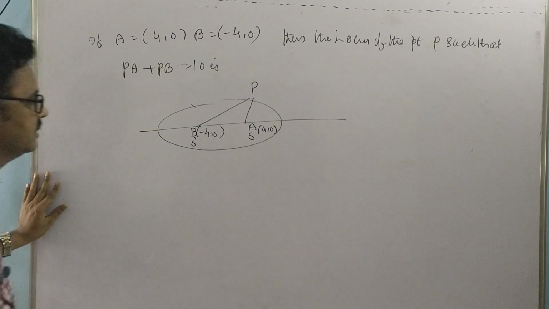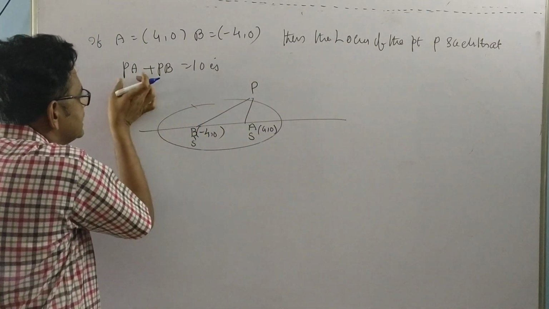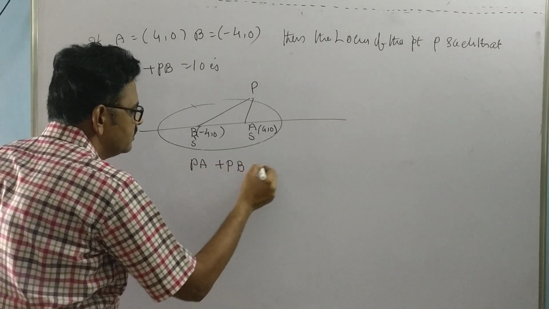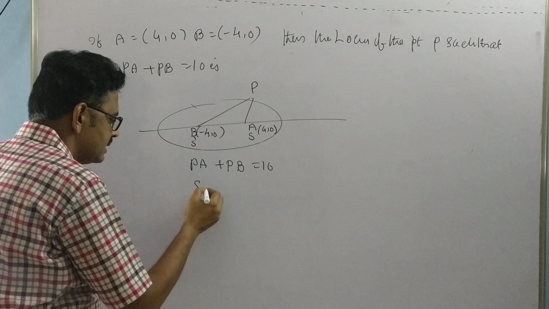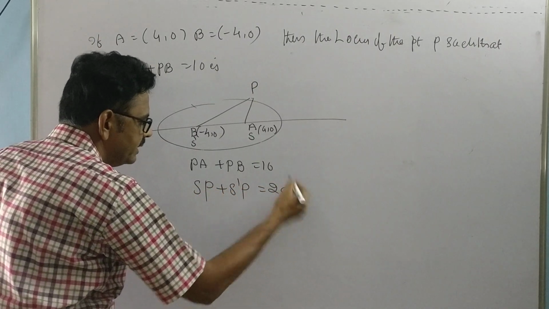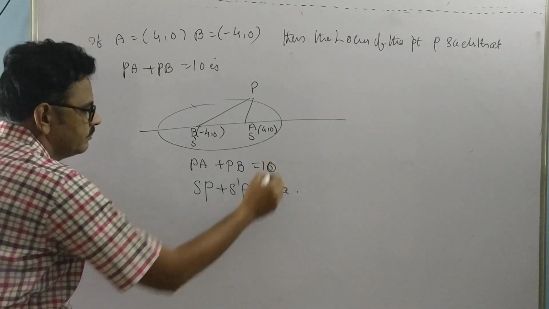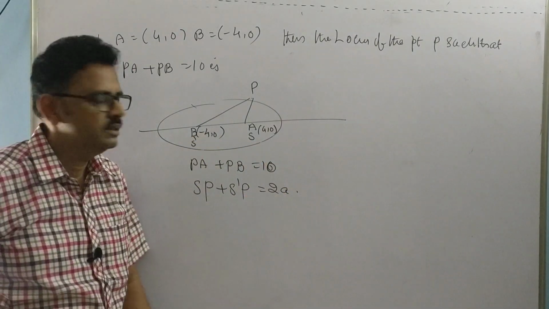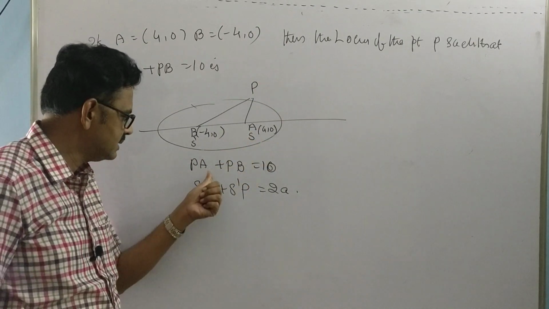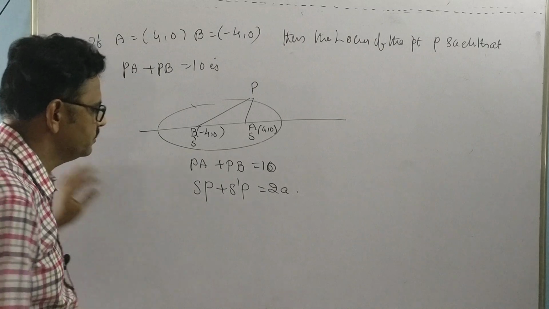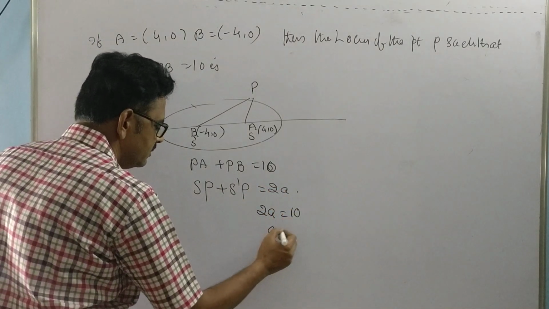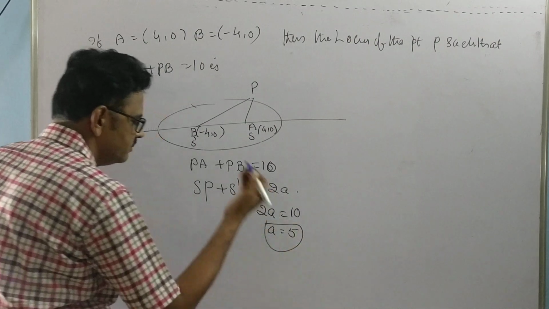PA plus PB is equal to 10 is of the form SP plus S dash P equal to 2A. You can just change the names only. In place of A and B, write S and S dash: SP plus S dash P equal to 2A. Here 2A is 10. Therefore, A is equal to 5.